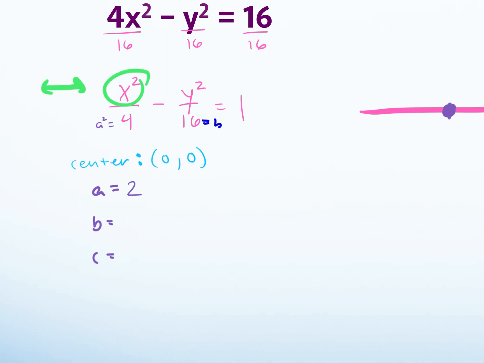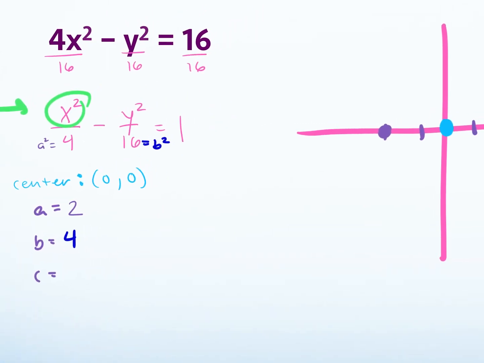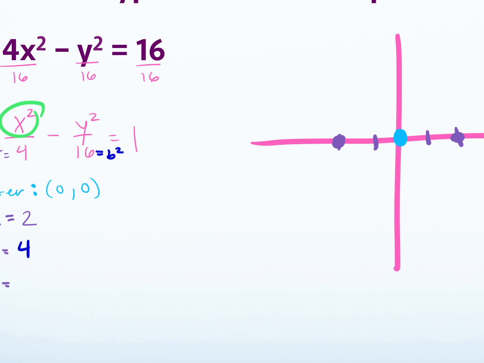That means 16 is b squared, so what is just b? 4. What does b tell us? From the center to the co-vertices. So I'm going to go up 4 and down 4.